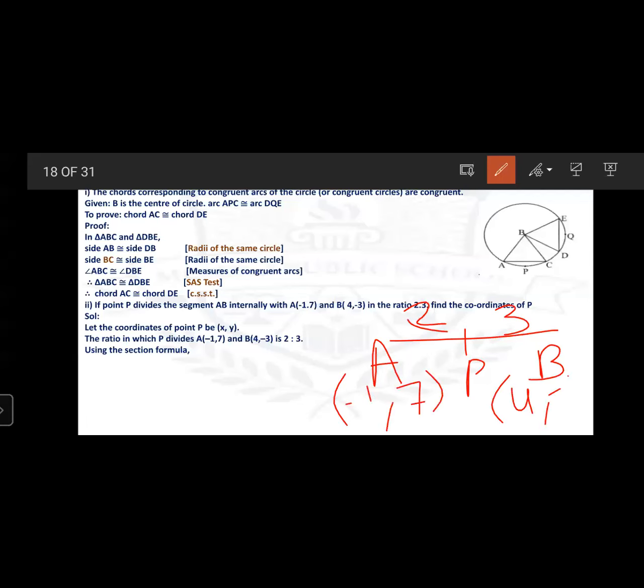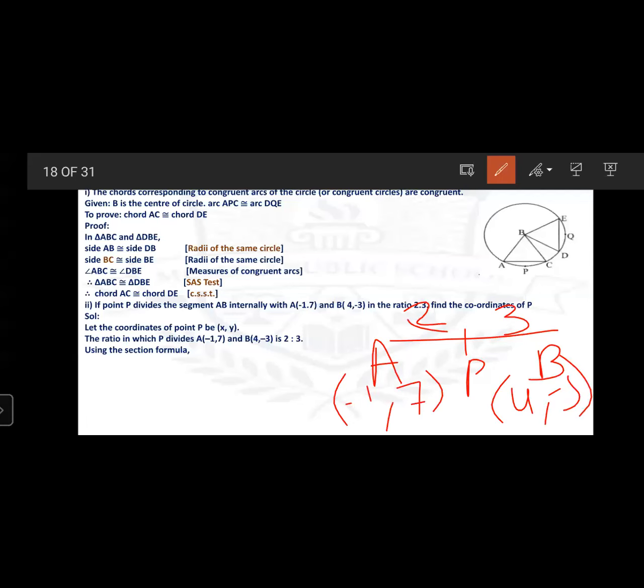And P is the point which divides this line segment AB internally in the ratio 2:3. Okay, so see, first we draw the line segment AB, and P is the point which divides the line segment in the ratio 2:3, with A as (minus 1, 7) and B's coordinates as (4, minus 3).